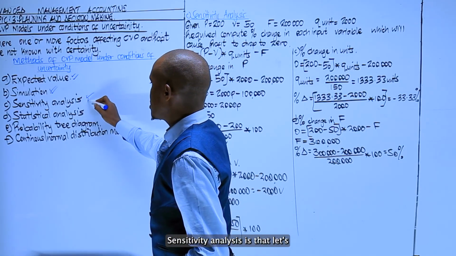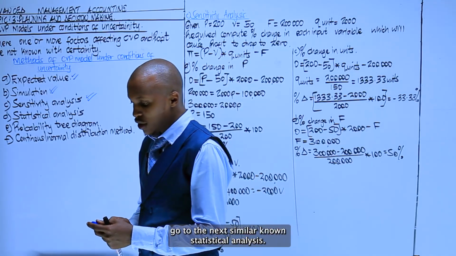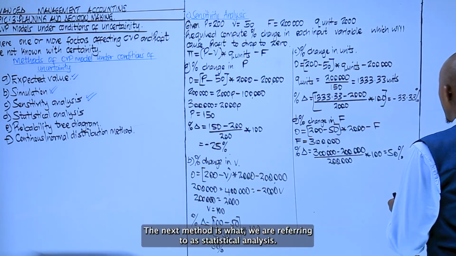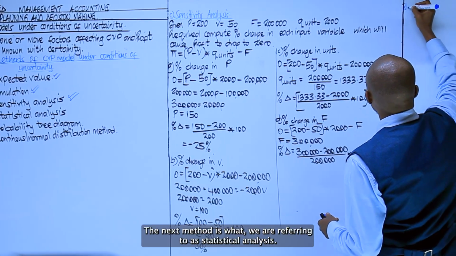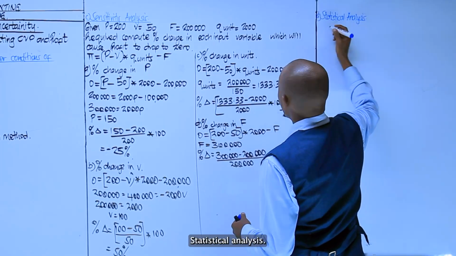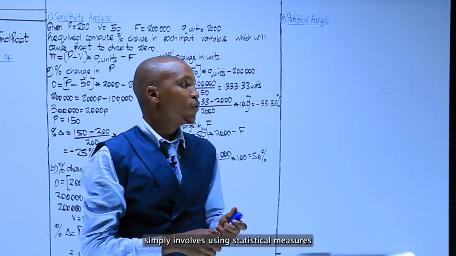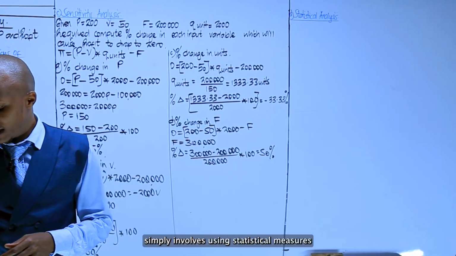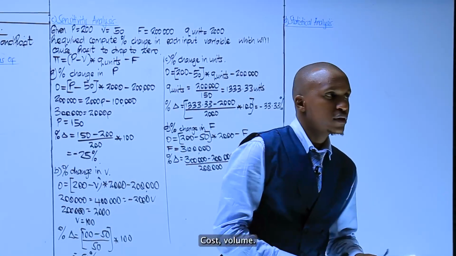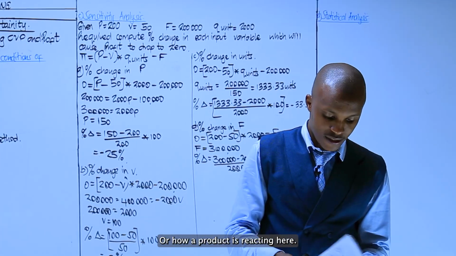Sensitivity analysis is that. Let's go to the next method known as statistical analysis. Statistical analysis here simply involves using statistical measures to determine how cost volume profit is reacting, or how a product is reacting.